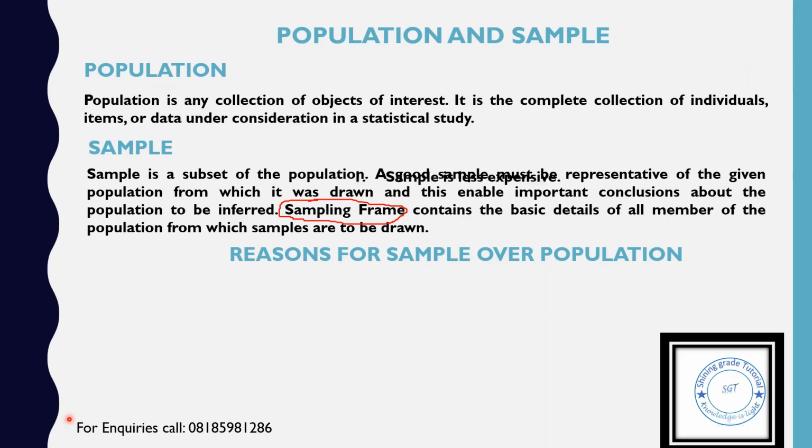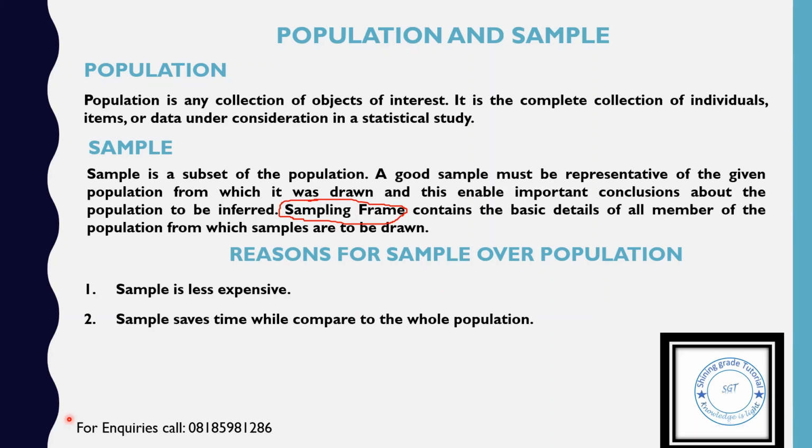Why? Number one, the first reason is that a sample is less expensive, because of what we are going to use in generating a sample, or taking a sample in preparation for a study. It is less expensive, or less cost, compared to having a study over the whole population. Second, a sample saves time.